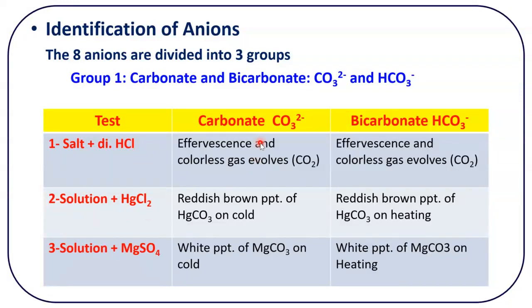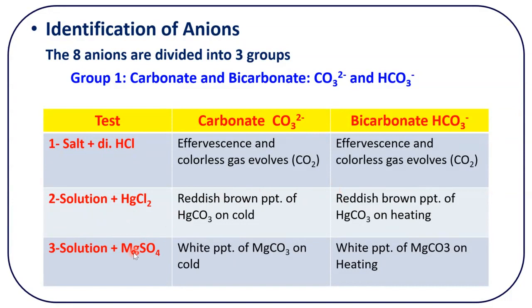For carbonate, you will see a reddish brown precipitate of mercury carbonate at once in the cold, without any heating. For bicarbonate, you will see this observation but after heating, not in the cold. You have to heat in a water bath.